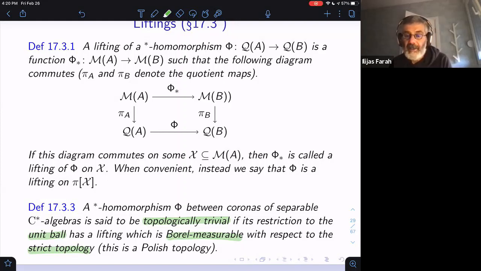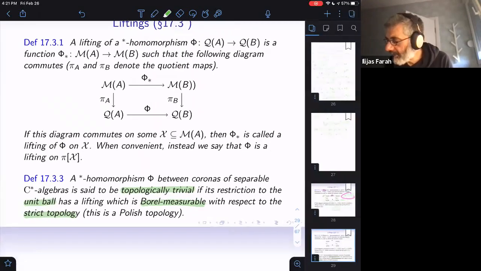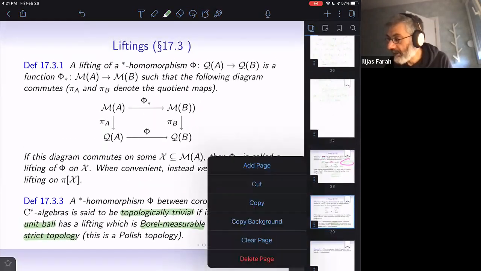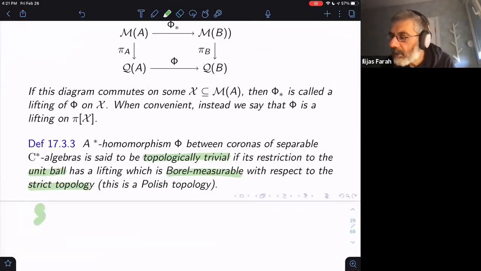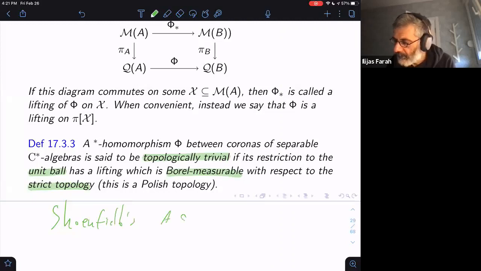I think of this as a working definition. Now, why do I think it's defensible? Well, there is one important theorem in set theory called Schoenfield's Absoluteness theorem. I don't want to state it, but it's all about counting quantifiers, really.